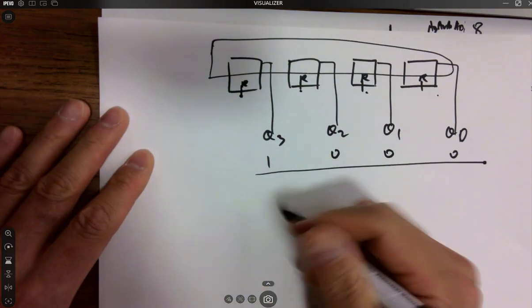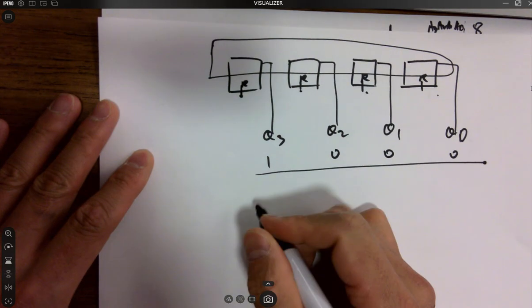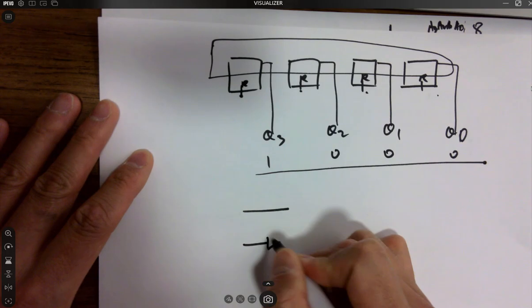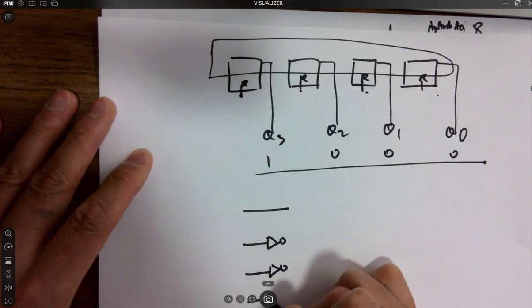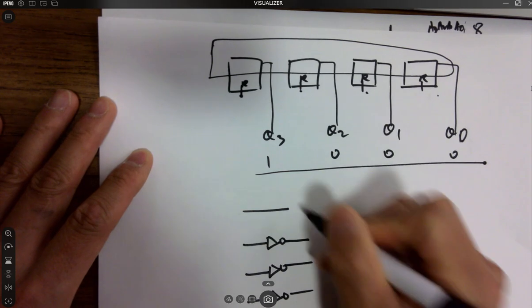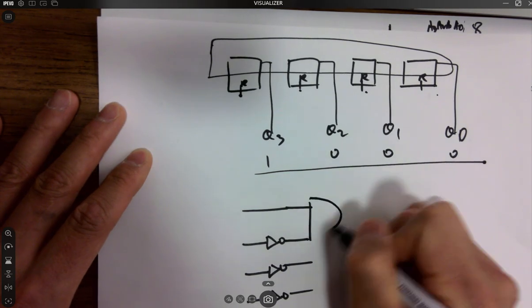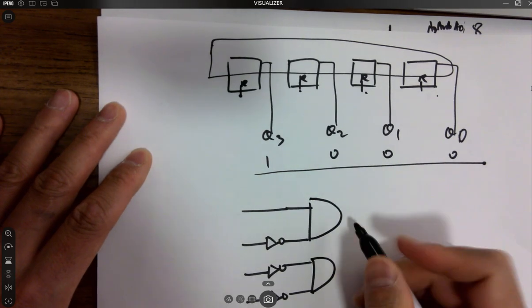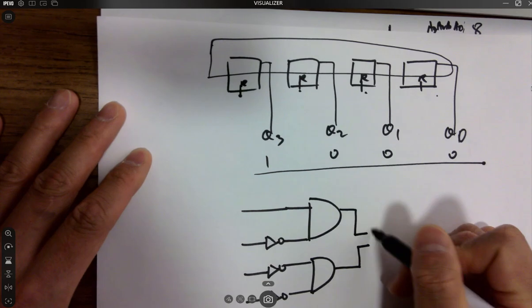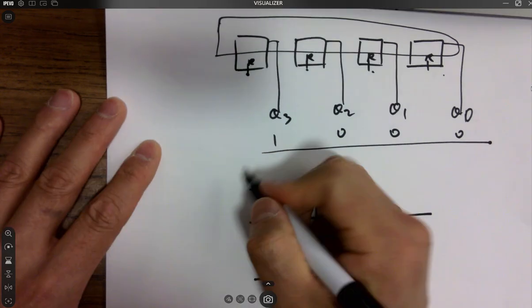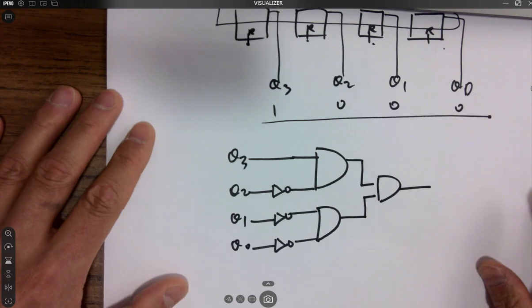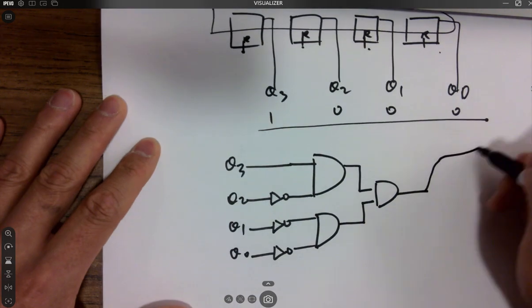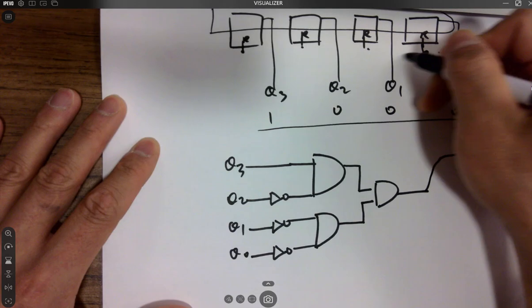So if you design a circuit like this, does that work? And this one is shorted to all the reset pins.